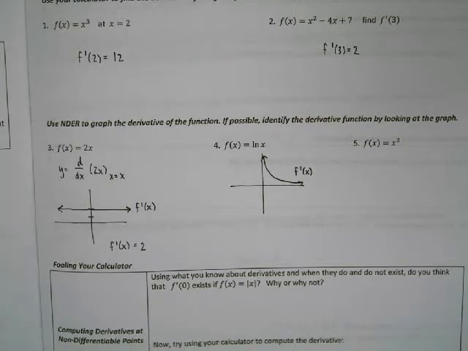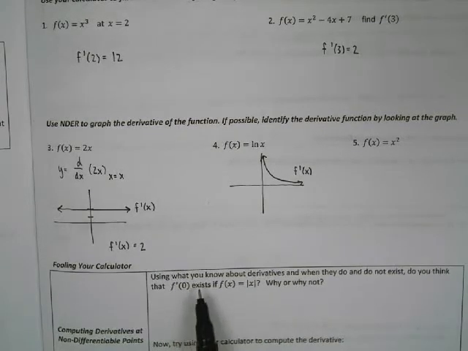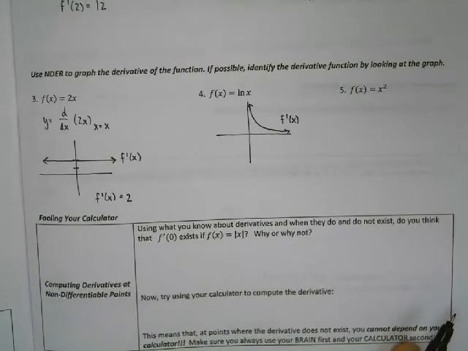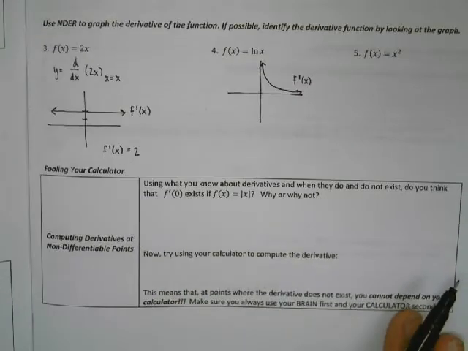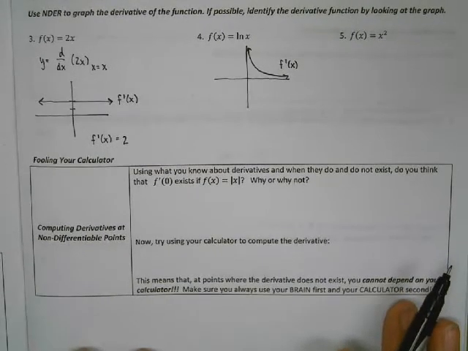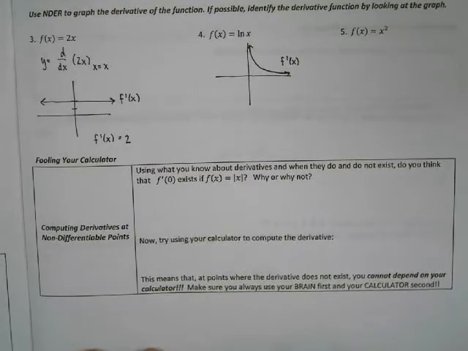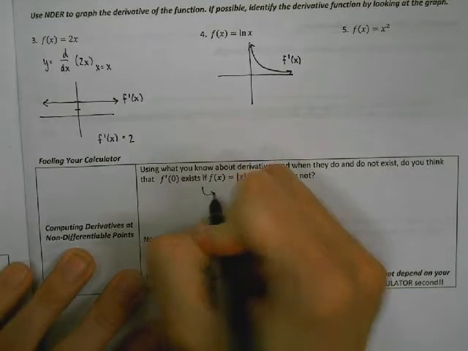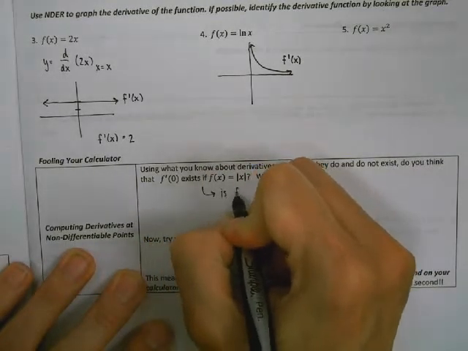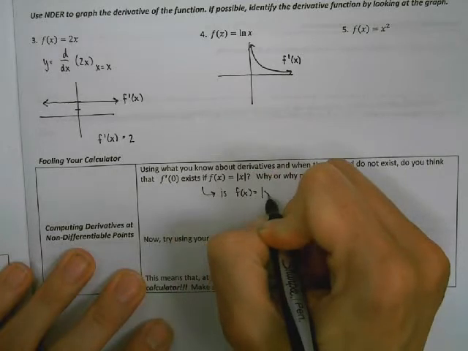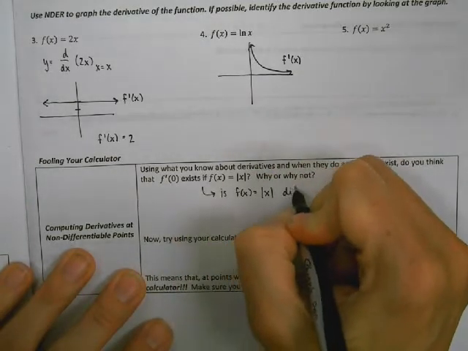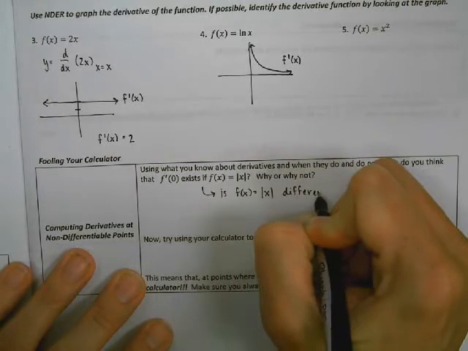Now, it's always nice to have these things that we can do on the calculator, but I'm going to warn you there are times where you have to be a little bit careful. Okay? And so here's what we want to look at. It says, using what you know about derivatives and when they do and do not exist, do you think that f prime of 0 exists if f of x equals the absolute value of x? So what this is asking is, is f of x equals the absolute value of x differentiable? Does that derivative exist?